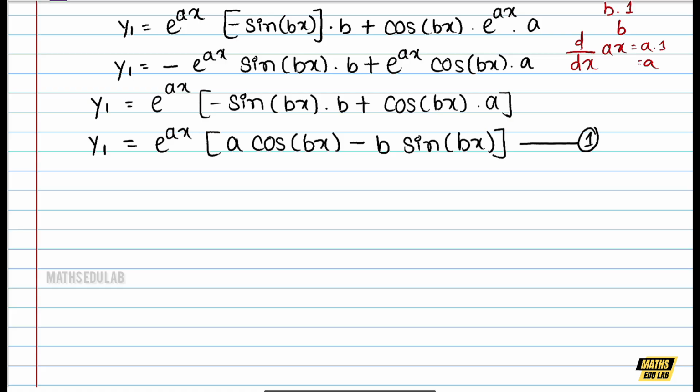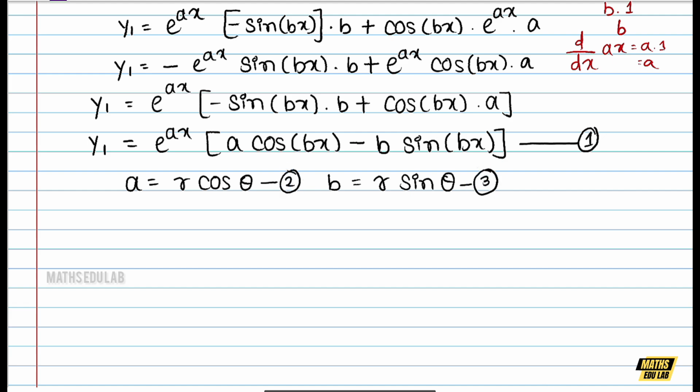And as we have done in the previous question also, I consider the value of a as r cos theta, and for b I consider the value as r sin theta. So this will be our second equation, and this is our third equation.